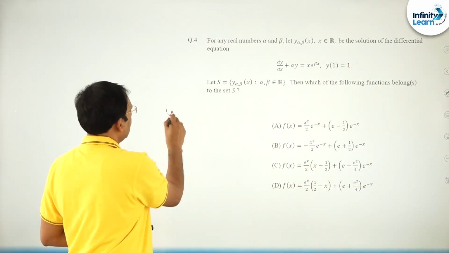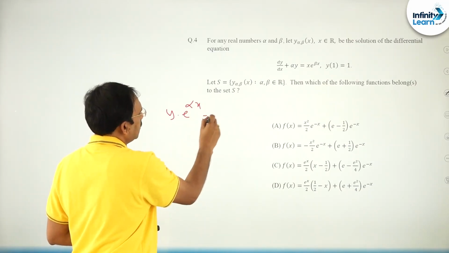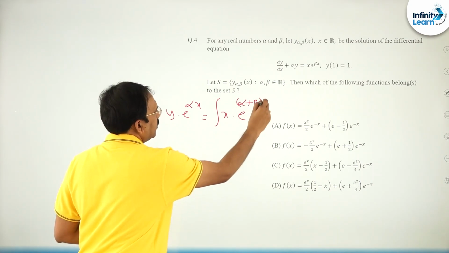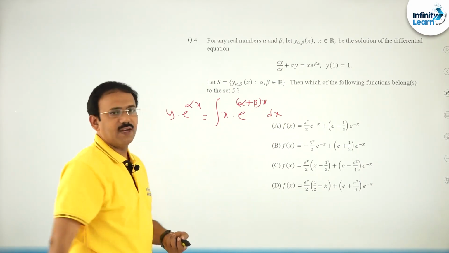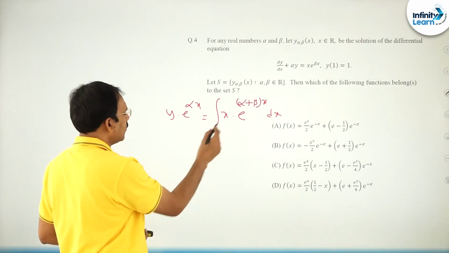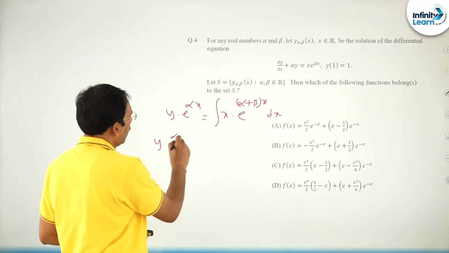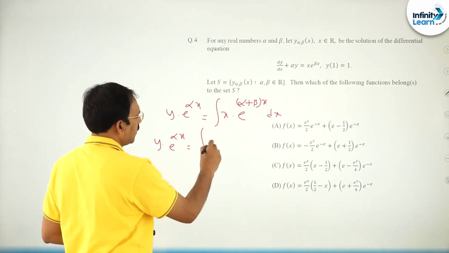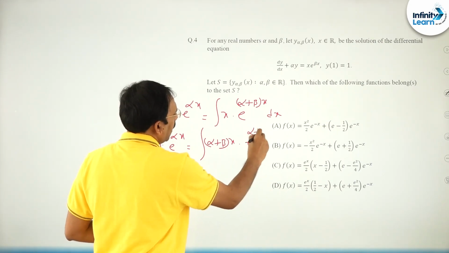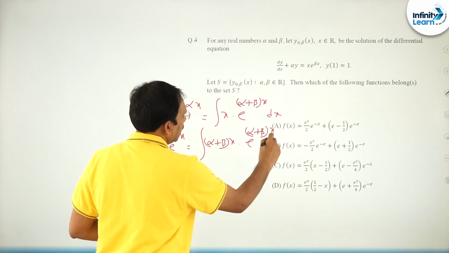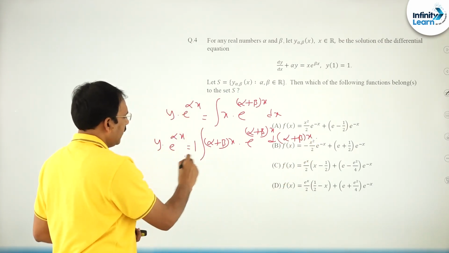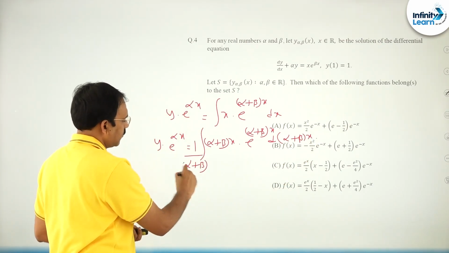You see, y into e power alpha x equals the integral of x into e power (alpha plus beta) x dx is the given equation. Suppose alpha plus beta is not 0, then you can continue: y into e power alpha x equals the integral of (alpha plus beta) x into e power (alpha plus beta) x into d of (alpha plus beta) x, dividing by (alpha plus beta) whole square.